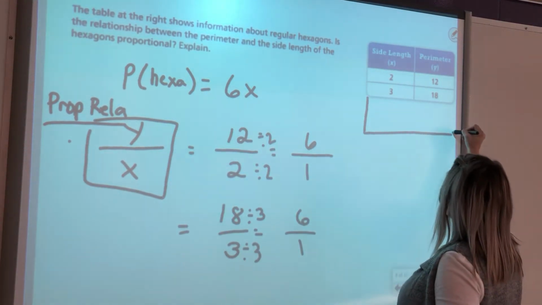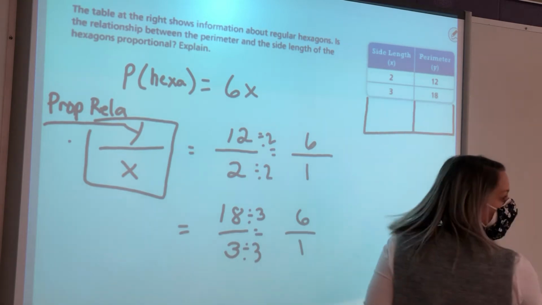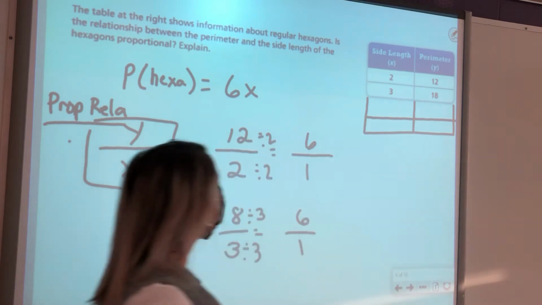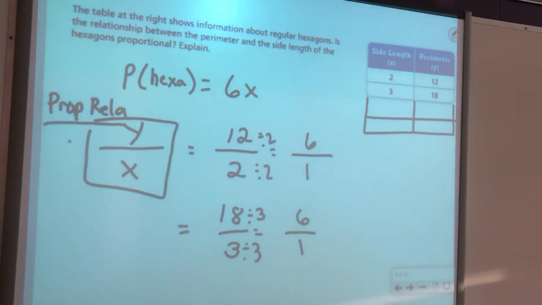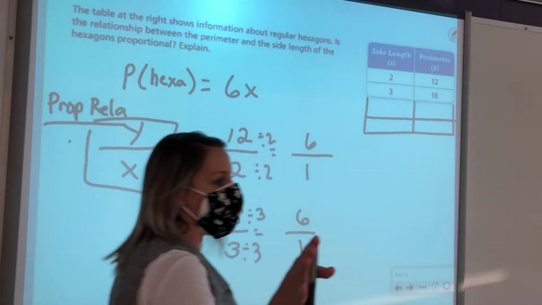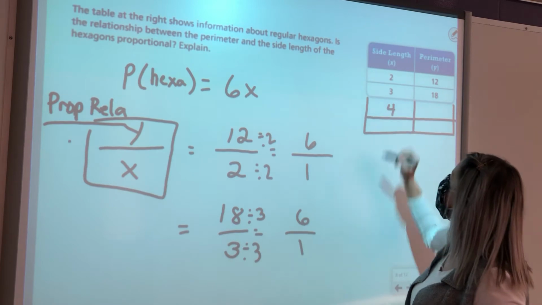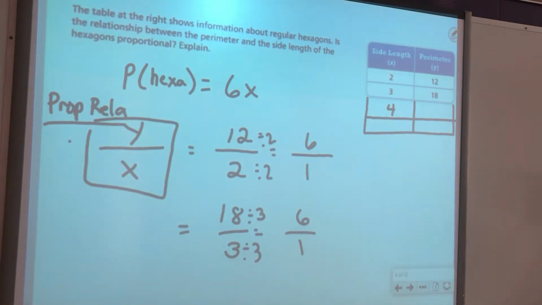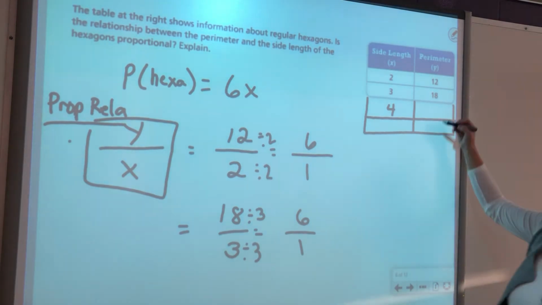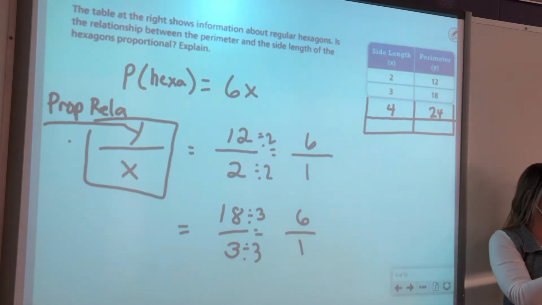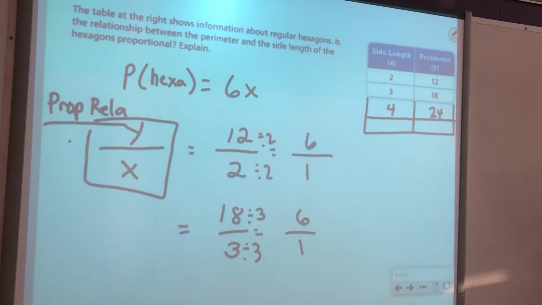Is what you're dividing by always the denominator? Sometimes, not always, because you have to figure out what they have in common. If you're trying to find your unit rate, always. What if I had a 4-sided figure? It would be 24: 4, 8, 12, 16, 20, 24.